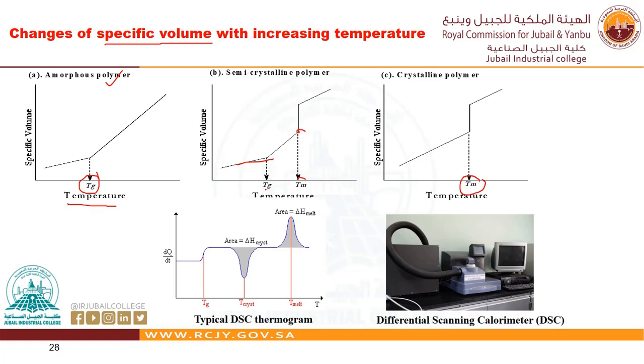So you have Tg, increase the temperature, then you have Tm, and once you go beyond this region, the polymer will break down and decompose. Another method that can be used to determine Tg and Tm is differential scanning calorimetry, and this is a typical example of a DSC thermogram.